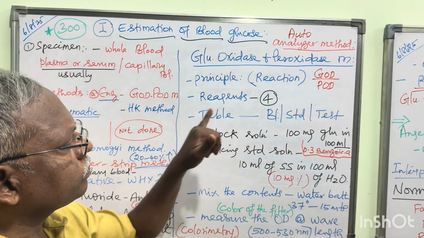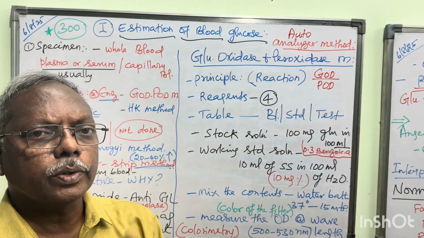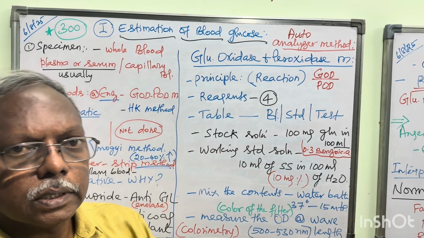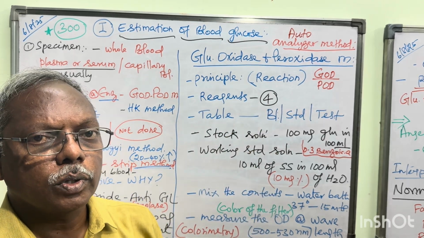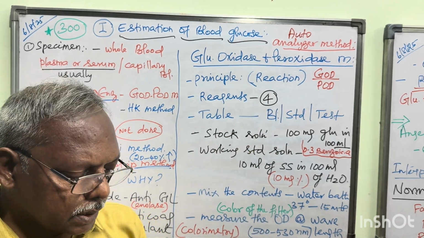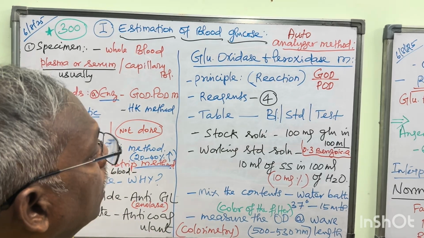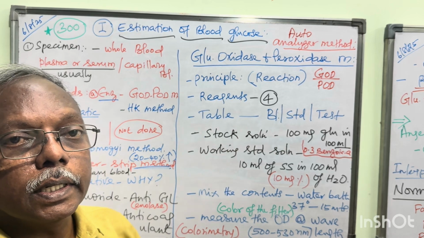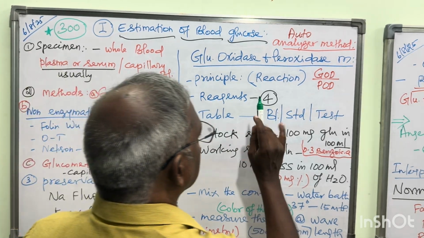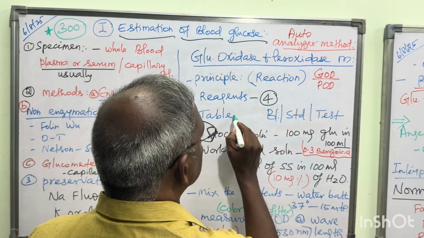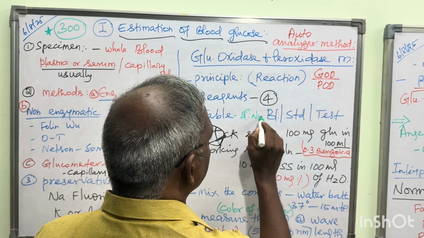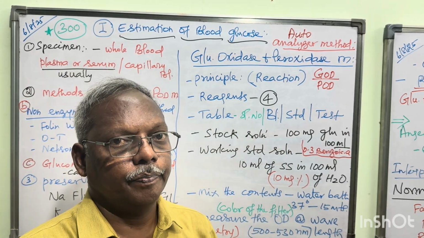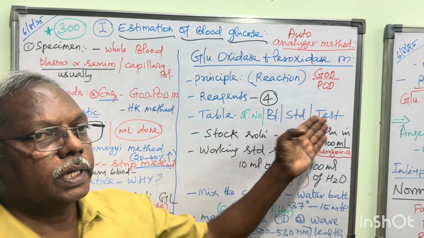Second one is, what are the reagents you have to take for this estimation of glucose? Actually 4 reagents, which are already in your record notebook or manual. You go through them. After writing the reagents, you have to draw the table diagram, with serial number, then blank, standard and test. You should know the meaning of these three.